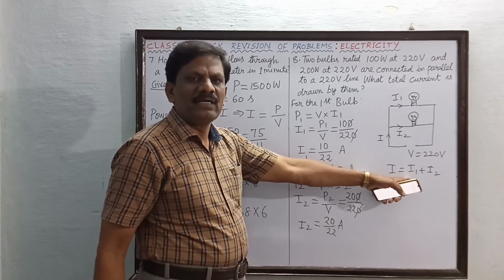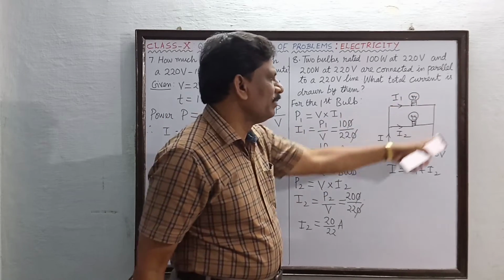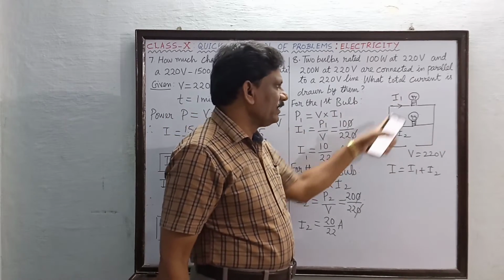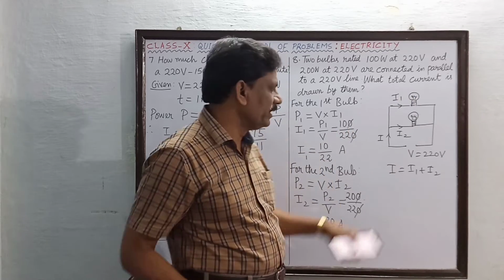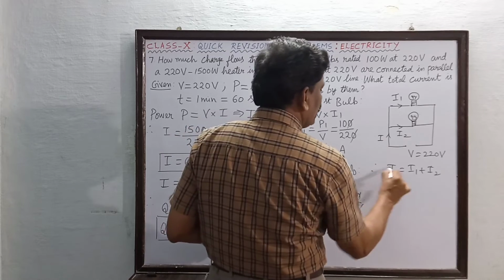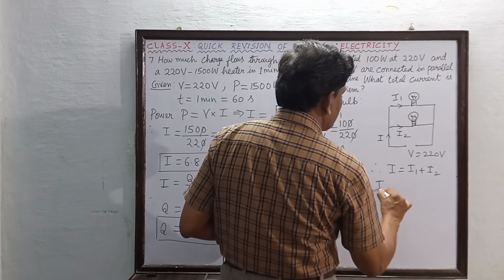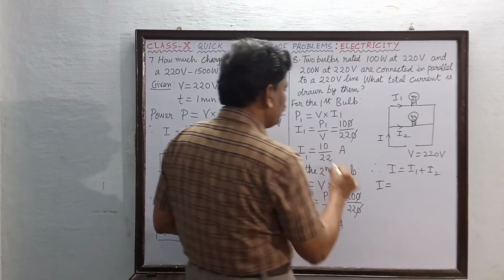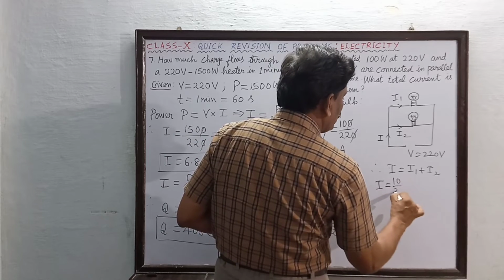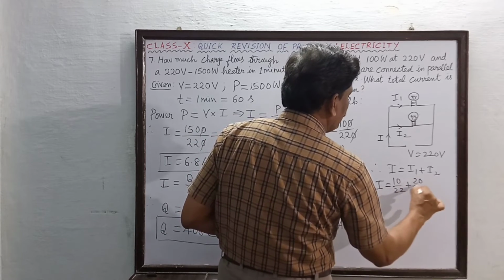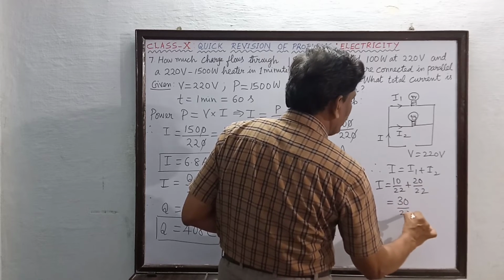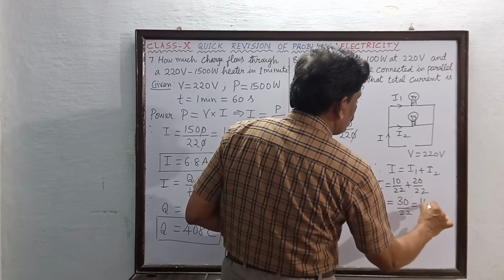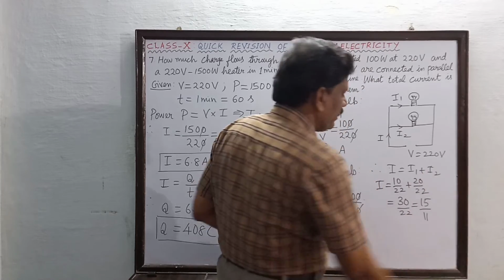What is the total current we have written already in a parallel combination? The total current I is split into two parts, I1 and I2. So if you add I1 and I2, we get the total current. So I is equal to 10 by 22 plus 20 by 22, which is equal to 30 divided by 22, that is equal to 15 divided by 11.